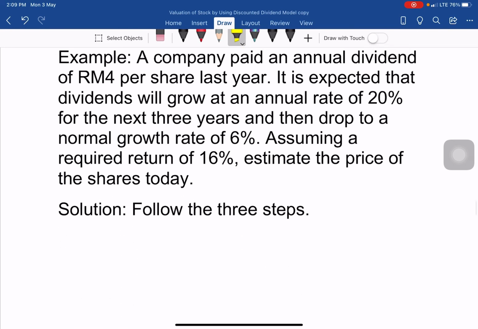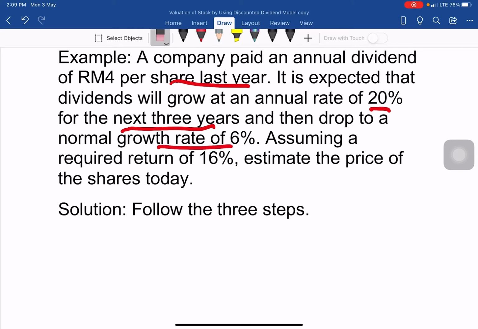A company paid an annual dividend RM4 per share last year. Okay, dah terang kat sini last year. So itu adalah D0. It is expected that the dividends will grow at annual rate of 20% for the next 3 years and then drop to a normal growth of 6%. Okay.